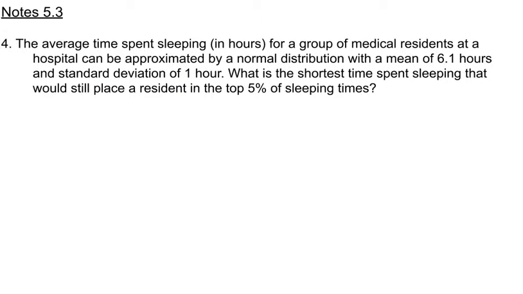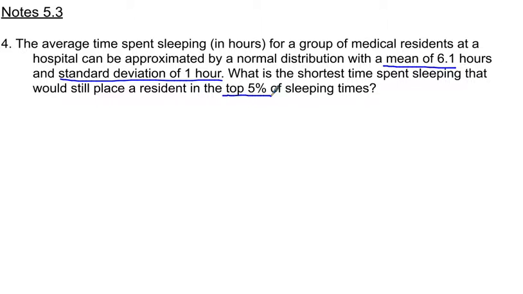The average time spent sleeping in hours for a group of medical residents at a hospital can be approximated by a normal distribution with a mean of 6.1 hours and a standard deviation of 1 hour. So what is the shortest time spent sleeping that would still place a resident in the top 5% of sleeping times?